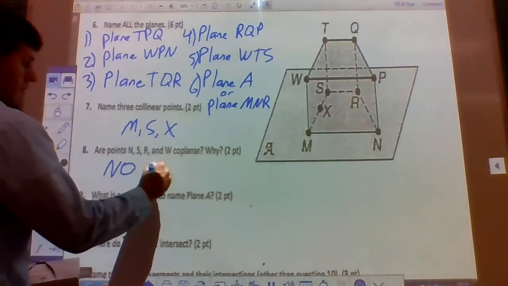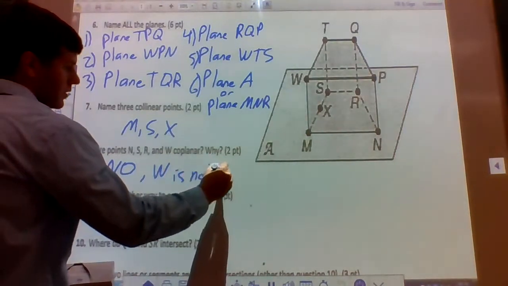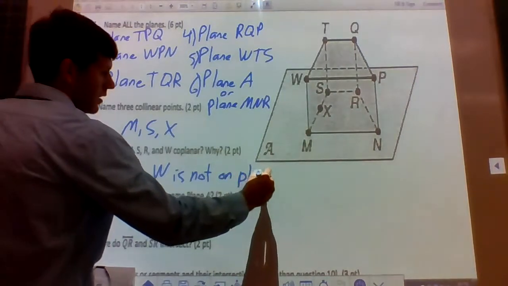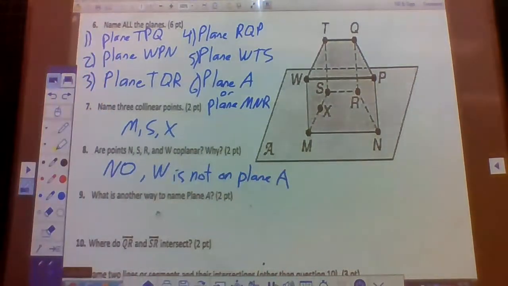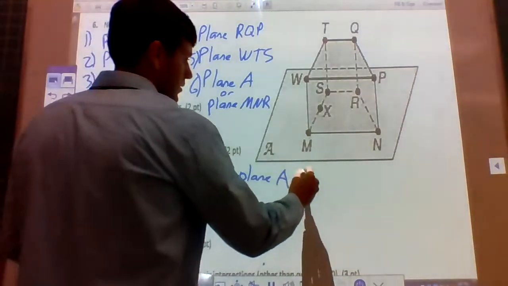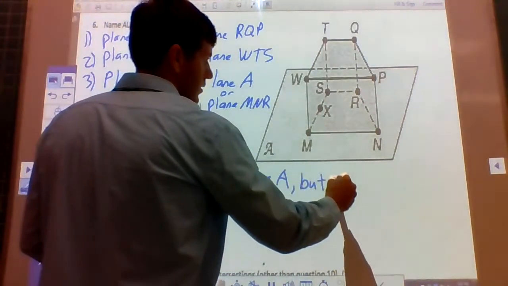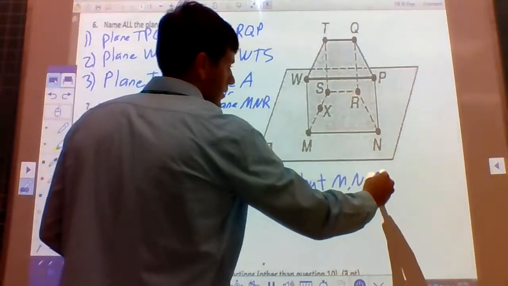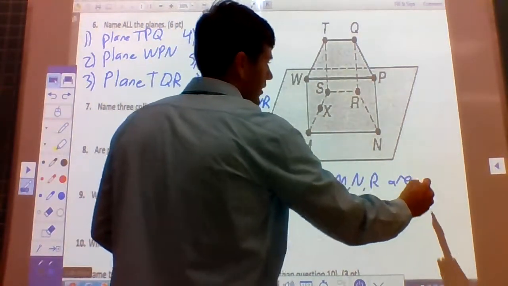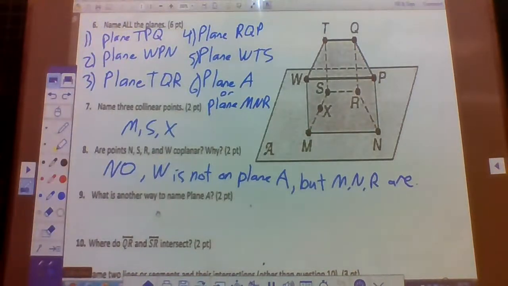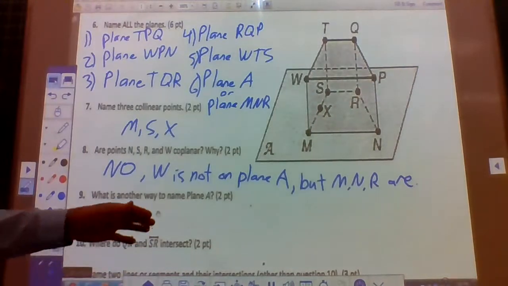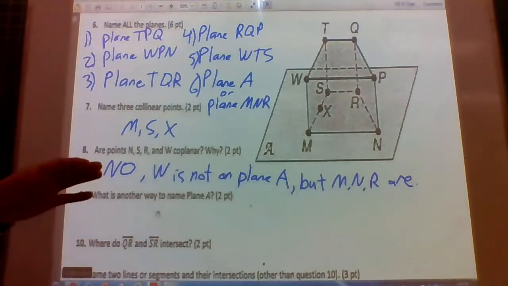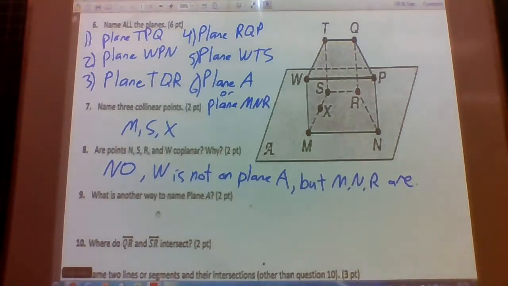Okay, W is not on plane A, but M and R. Okay, and we know that for every set of three non-collinear points, there's exactly one plane. So we know there's not another plane that M, N, and R are all going to be a part of. Okay, because there's exactly one plane that contains those 3 points together.